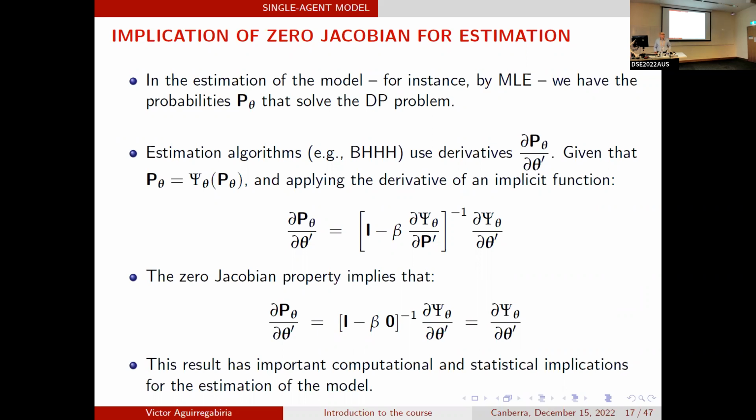And if it doesn't, please let me know. The purpose of this slide is exactly that: to provide some initial intuition why this zero Jacobian property is going to be useful for estimation.